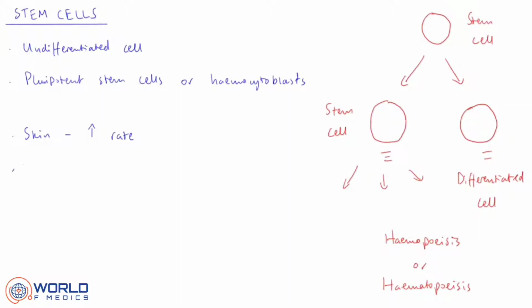An area of the body where we might have a relatively low turnover of cells, and therefore a low rate of stem cell division, will be connective tissue in adults.